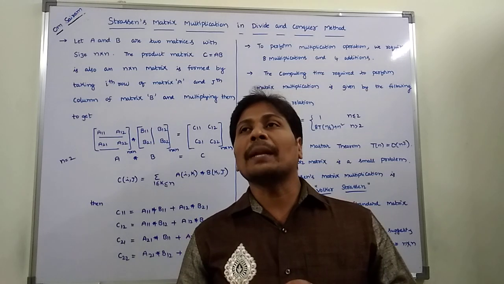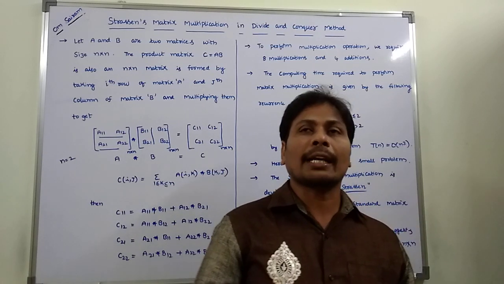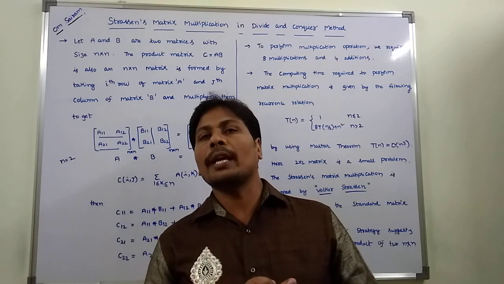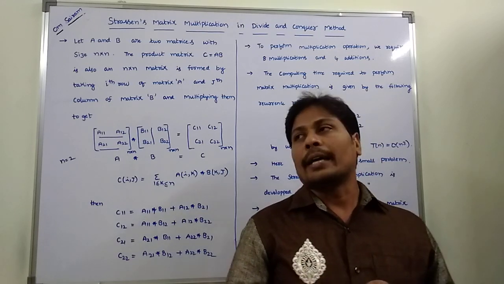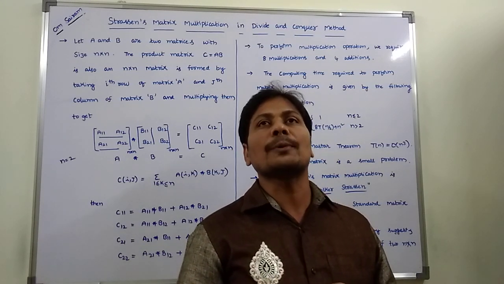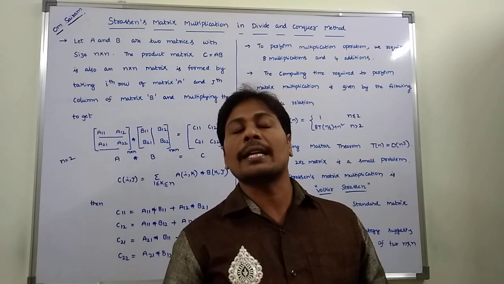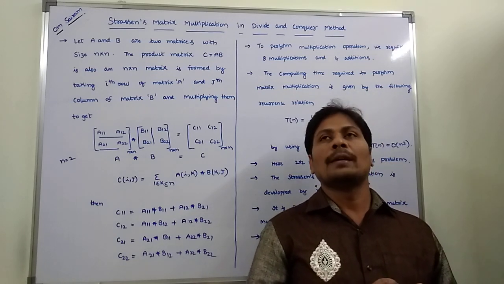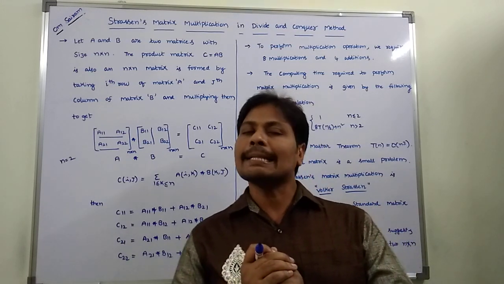Generally, multiplication requires more cost compared to addition. In Strassen's matrix multiplication, the 8 multiplications are reduced into 7 multiplications. Because of that, the cost is reduced, and the time complexity is approximately the same.